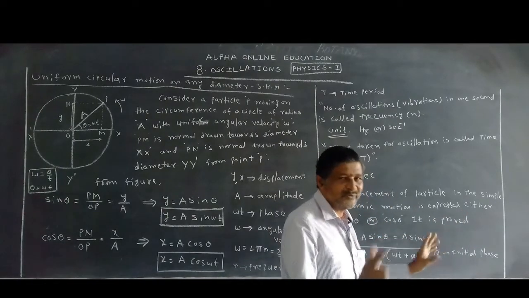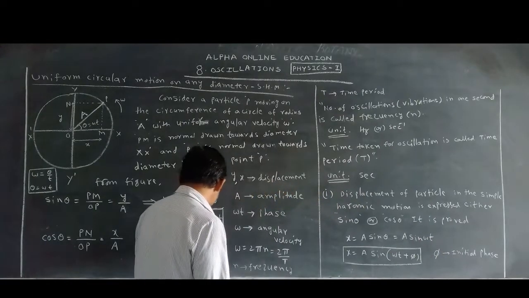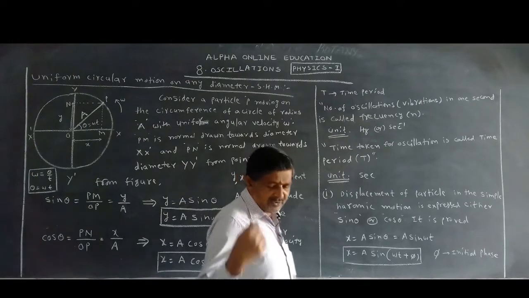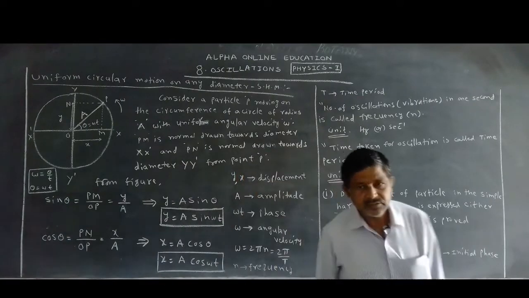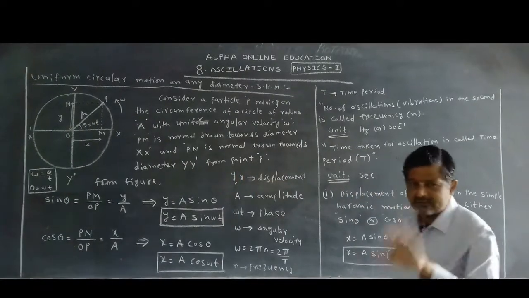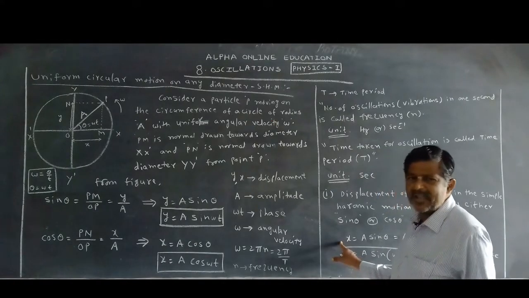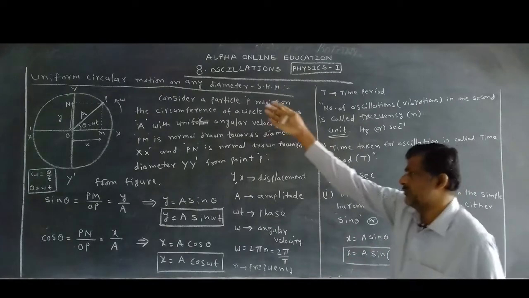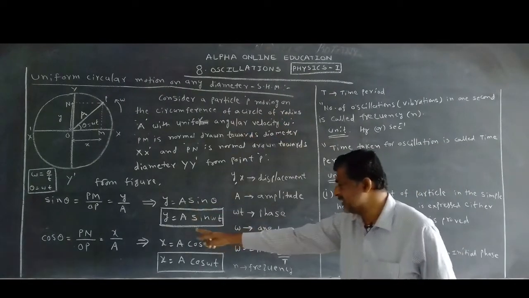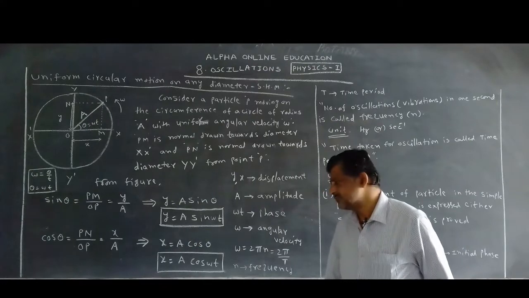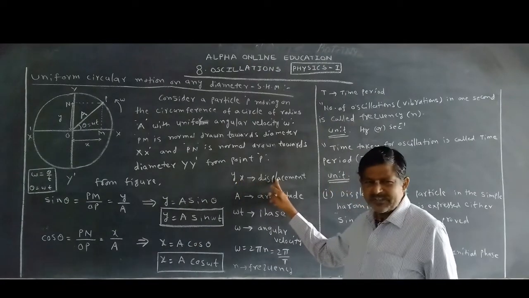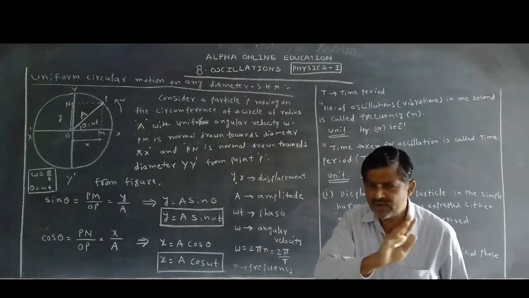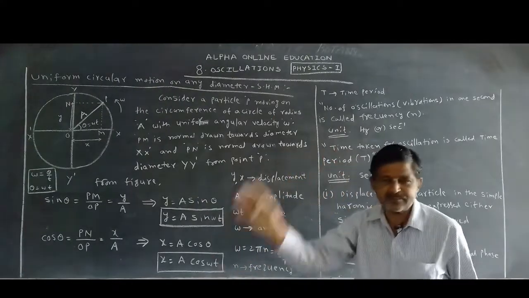Now it is our wish to write x or y, but here in most cases we can take x is equal to a sin theta. From the derivation we get sin theta is equal to y. What is y? y is displacement. No need to take y, x also you can take. It is not wrong, it is a correct expression.